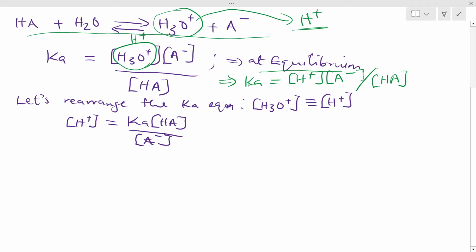Now if we rearrange this and make H plus the subject of the formula, we will have H plus equal to Ka times the concentration of HA divided by A minus. Now this is very key. Getting to this point is very key to deriving it.